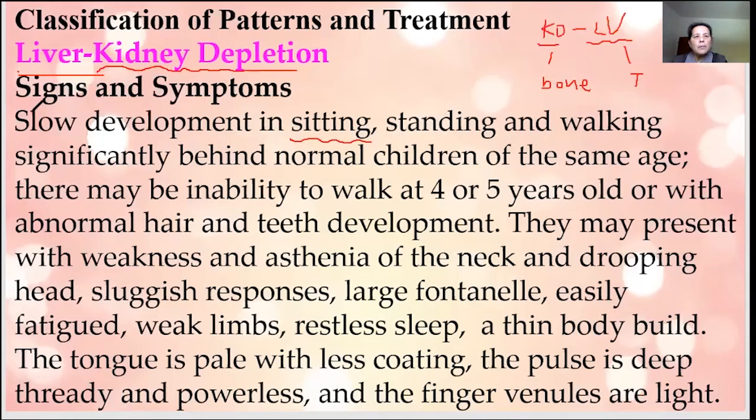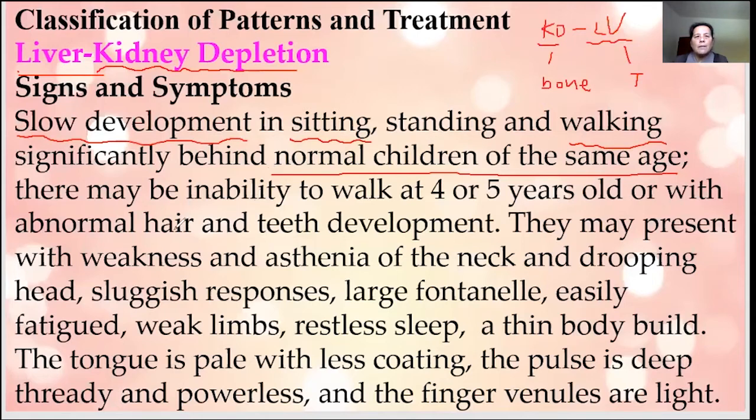So the general symptoms and signs: slow development shows up as slow sitting, slow standing, and slow walking, compared with normal children of the same age. We have standard numbers. I didn't put a lot of detail in the notes, but you can find it in the book.